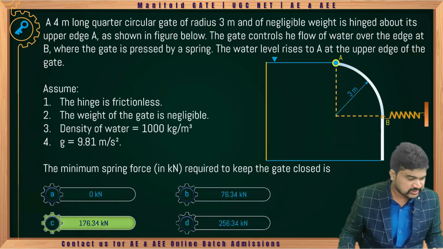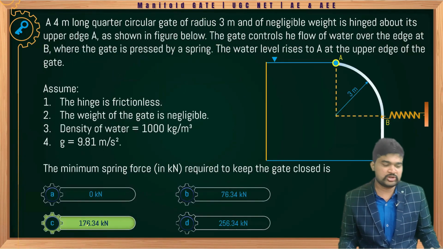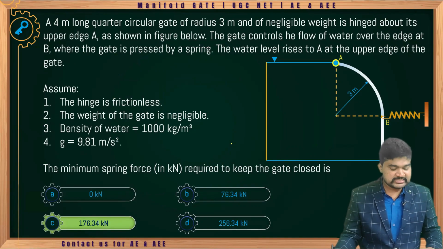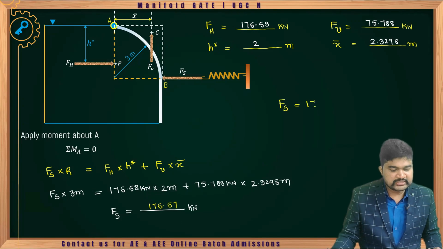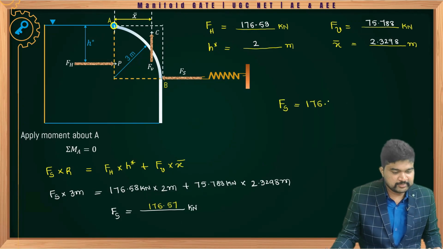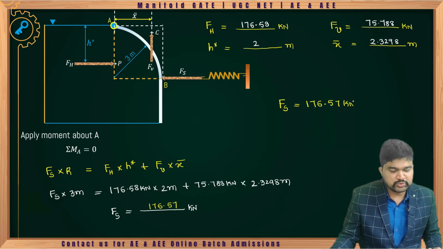That is the answer. So what is the magnitude of spring force? Spring force equals 176.57 kilonewton.